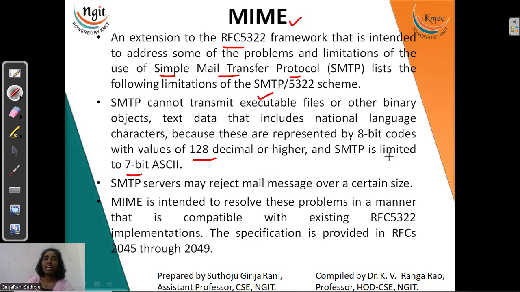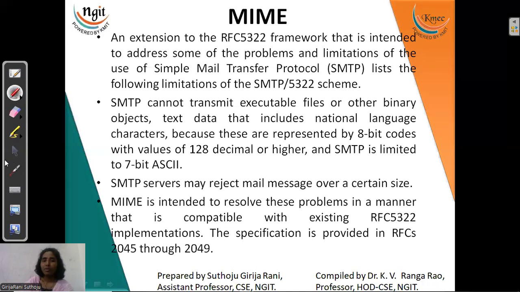Size limitation, ASCII character limitation, and file attachments, meaning we cannot send executables or binary formats of data. We can send only data which fits within the body of the message. All these kinds of limitations are seen in SMTP using RFC 5322.